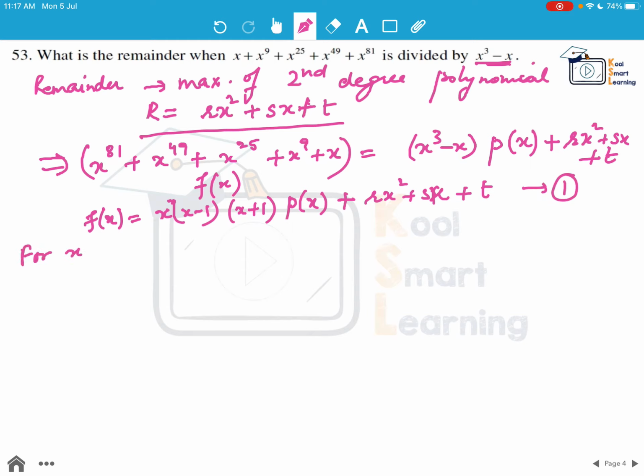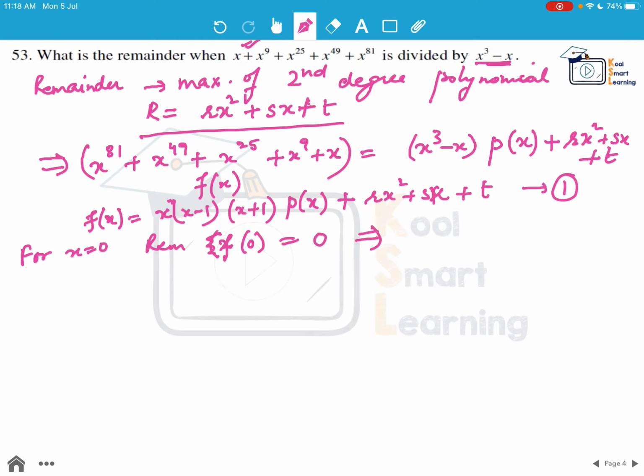Now for x equal to 0, we know what the remainder theorem states: if we divide this polynomial with x, the remainder is going to be f of 0. And now what is the value of f0? If we put 0 in this given expression, f0 comes out to be 0, right?